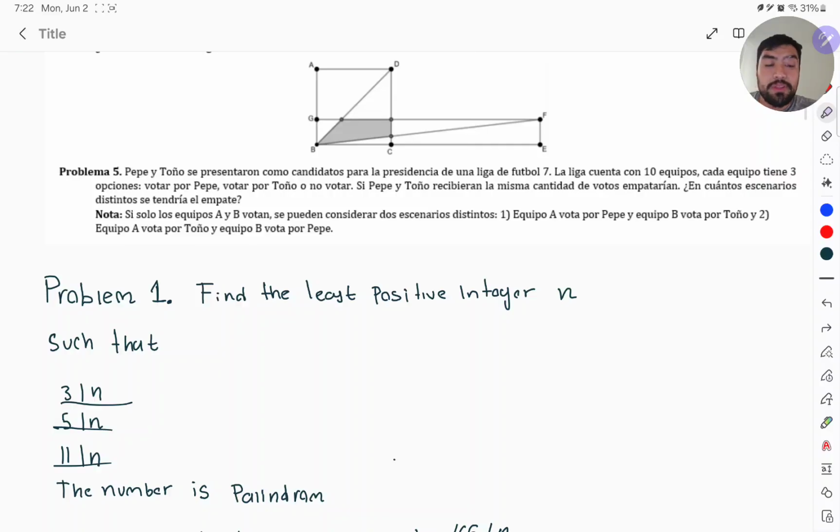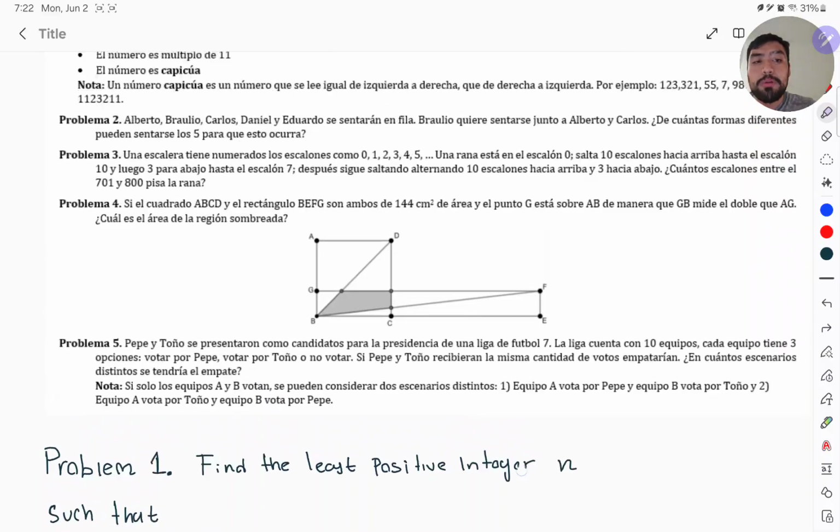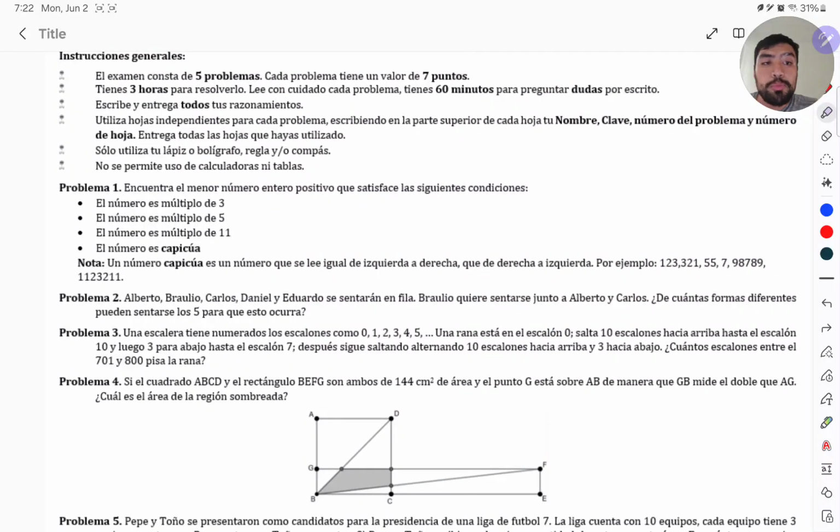They are a little bit creative to solve, so I invite the public, if they want, to try to figure out each of these problems in order to test their problem solving ability.